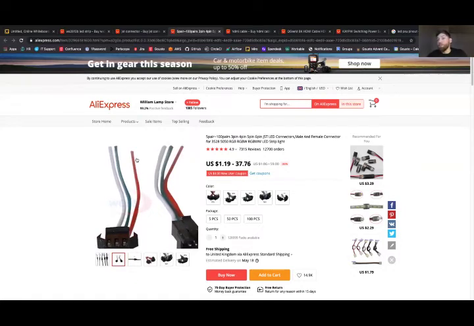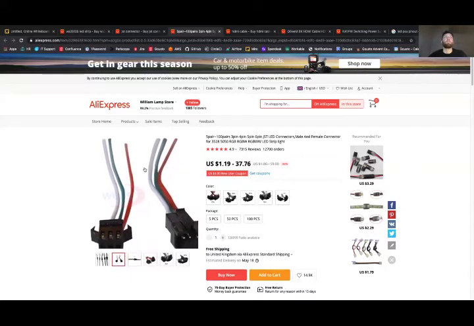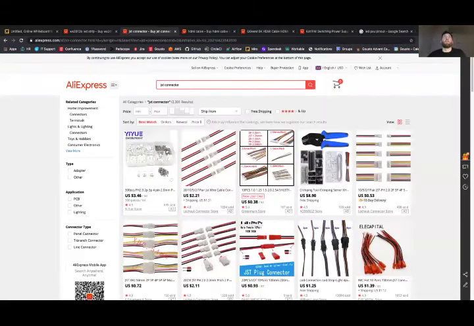If you wanted to, you could make up a custom cable, which is like a JST 3-ply extender, which has a male JST connector on one end, a female JST connector on the other end, and 3-ply ribbon cable spanning in between of whatever length you want. Okay.